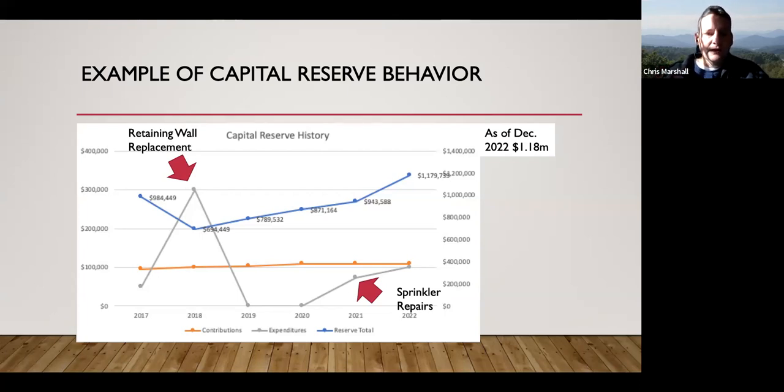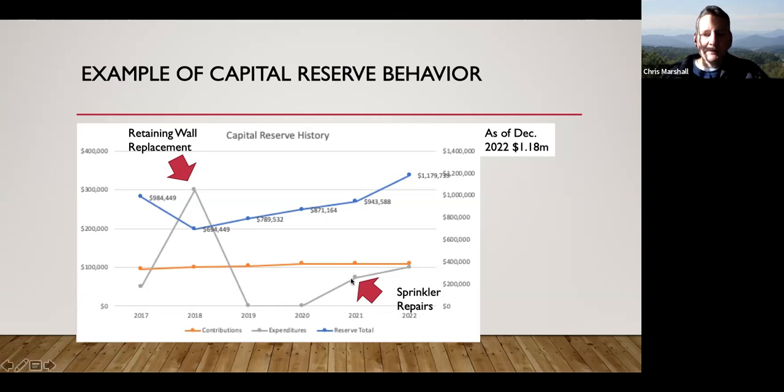And so if you follow that gray line, you realize that we have been really holding back on capital reserve spending as much as possible in order to grow that blue line and recover from that major project a few years ago. And only recently did we have some surprise outlays, such as the sprinkler repairs.